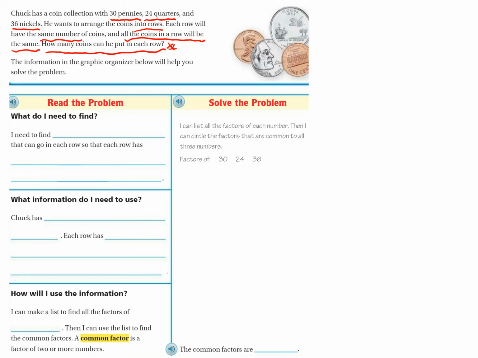I need to find how many coins can be put in each row, so that each row has the same number of coins, right here where we highlighted, same number of coins.